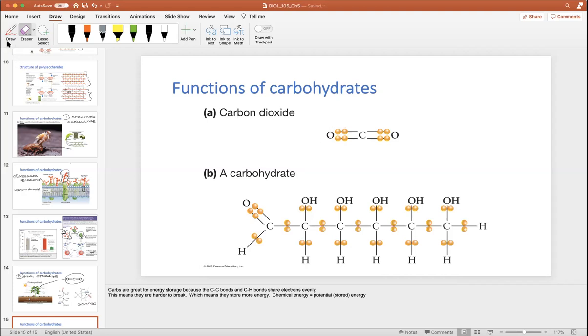Now let's look in contrast at what a carbohydrate looks like. Can you see how evenly spaced these electrons are between these carbon-carbon bonds and between these carbon-hydrogen bonds? They're nice and evenly spaced. It's going to be harder to break these apart, isn't it? Because they're really sharing those electrons equally between one another.